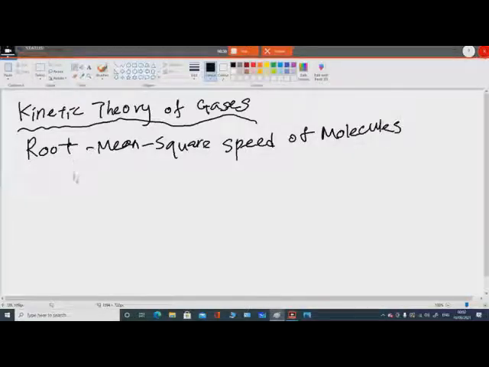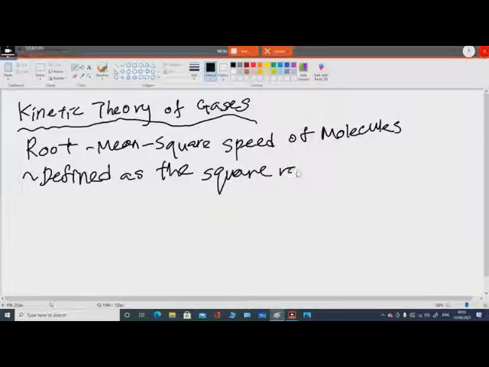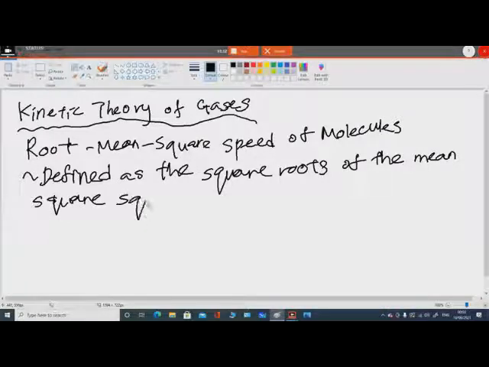The definition of root mean square speed of molecules is the square root of the mean square speeds of molecules.